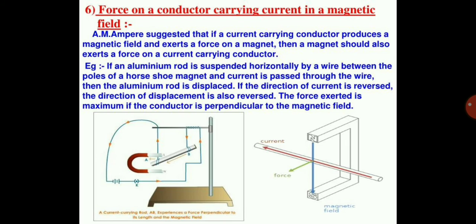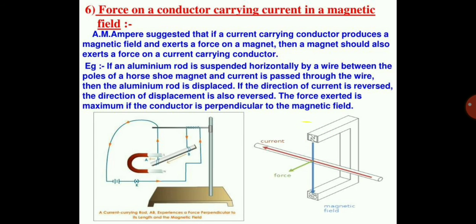So how to check this force, whether the magnet is giving that force or not? The experiment is given over there. If an aluminium rod is suspended horizontally by a wire between the poles of a horseshoe magnet, you can see the right side figure. This is the horseshoe magnet. North pole and south pole are given over there.